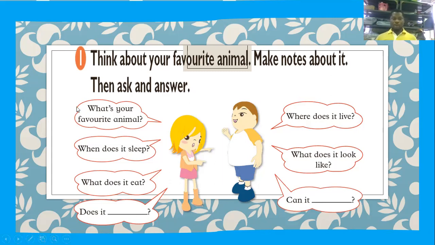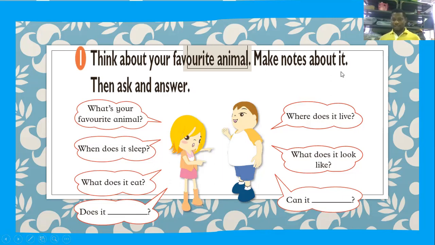For instance, what's your favorite animal? My favorite animal is a monkey. When does it sleep? It sleeps in the daytime. What does it eat? It eats bananas. Does it eat honey?